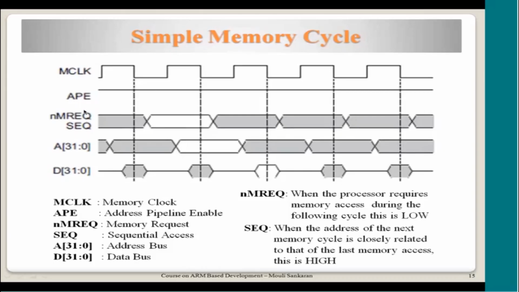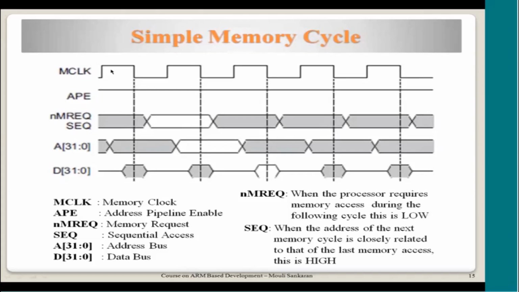APE is address pipeline enabled, and MREQ and SEQ (sequential) is a combination which tells you whether the processor is in a sequential mode or what kind of address is being read. Now the address is coming out here and the data is read on this particular falling edge of the M clock signal.